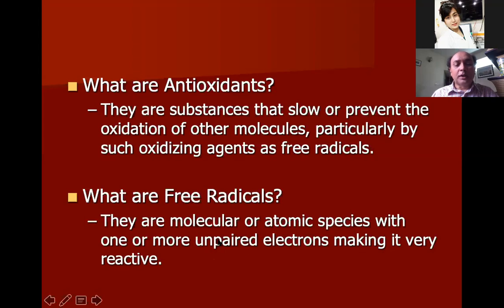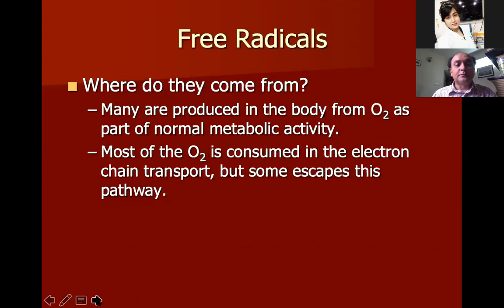For example, singlet oxygen, hydrogen peroxide, and superoxide contain one or more unpaired electrons in their structure. So they are free radicals and they are problematic. To detoxify or neutralize these free radicals, you need antioxidants, and dietary antioxidants are good for your health.